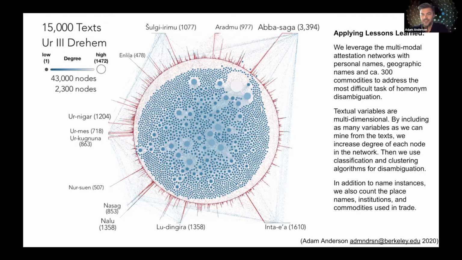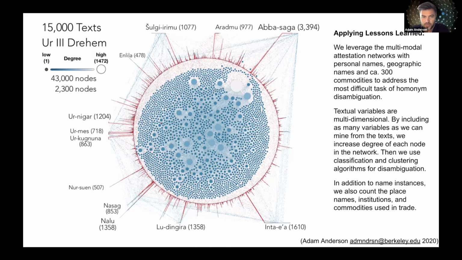We usually rely on senior scholars to determine a prosopography and not some computational method. But the idea here is that by coming up with a reproducible method, one that's transparent and can be criticized, we can understand what goes on behind the scenes when we say that these 3,000 instances of Abashaga correspond to a single node in a network, or not, and leave that available for scholars to debate.